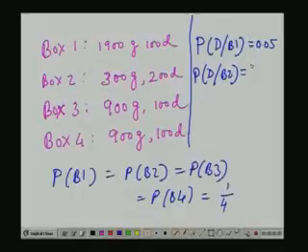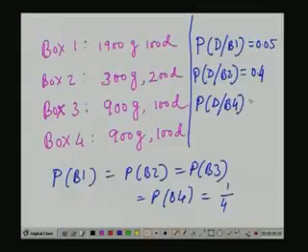Similarly, P(D|B2), that is assuming box 2 has been selected, what is the probability that the item that is removed is a defective one. In this case the total number of items is 500 and 200 are defective, so the probability is 200 by 500, that is 0.4. In the same manner, P(D|B3), sorry, just a minute please.